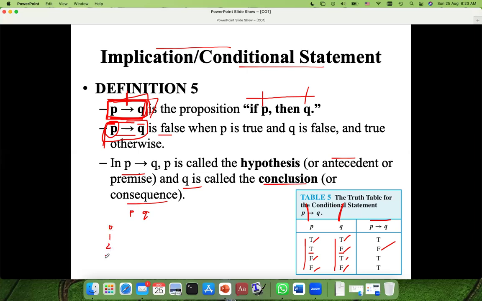If the counting is 0, 1, 2, 3, and so on, what is the 2-bit string for this 0? 0, 0 will represent it. And what is the bit string for this 1? 0, 1. And then 1, 0. And then 1, 1. So these are the 4 rows you have now made. Now convert this 0 into F and 1 into T, and then you will have these values.